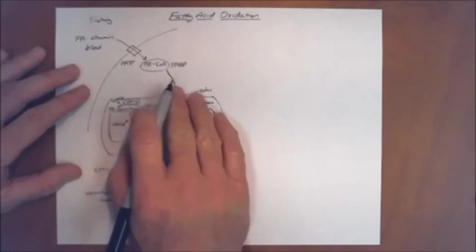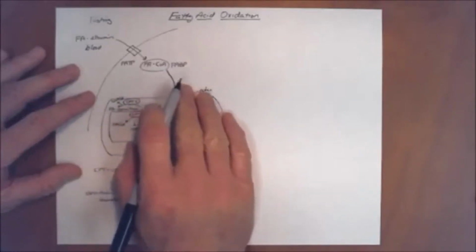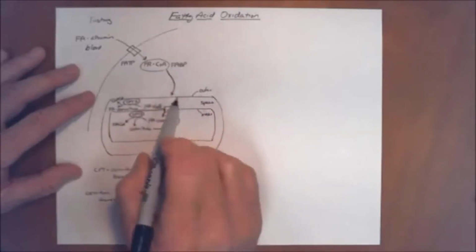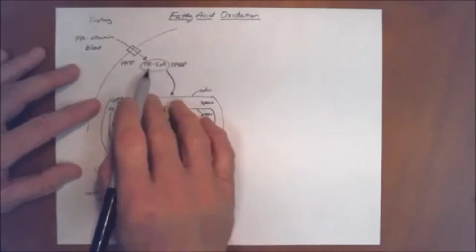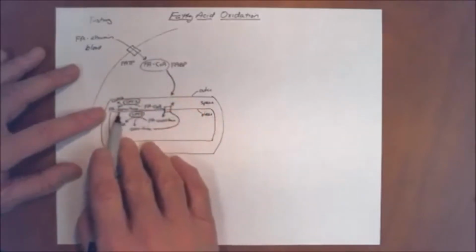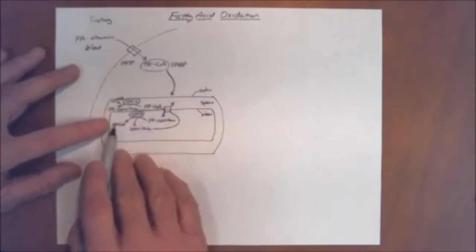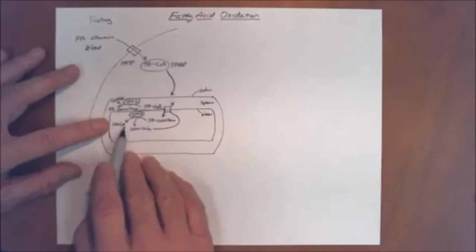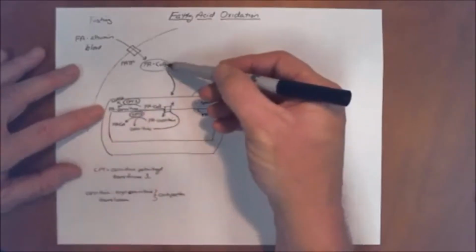This means that the translocase will bind one molecule of fatty acyl carnitine in the intermembrane space, one molecule of carnitine in the matrix, and flip, allowing a 1-to-1 transport to restore carnitine into the cytoplasm where we can continue fatty acid uptake.